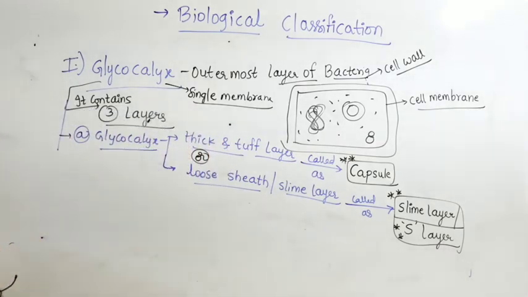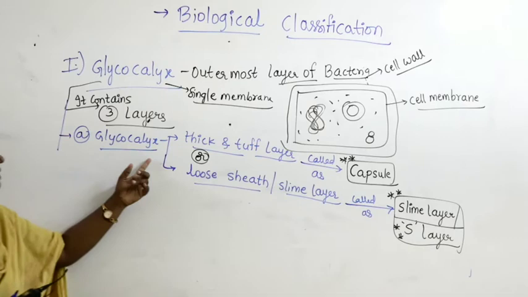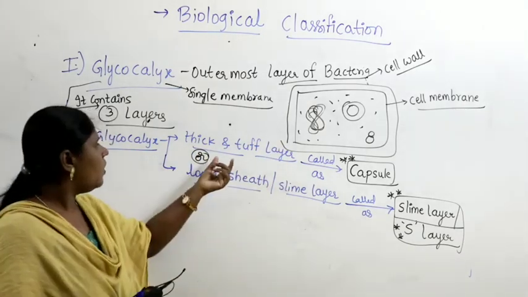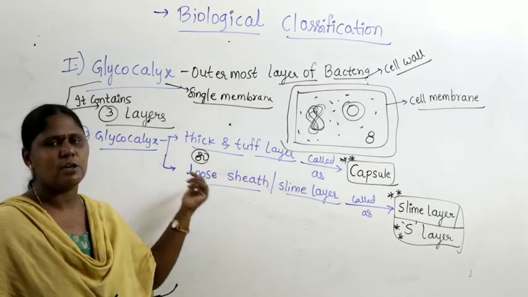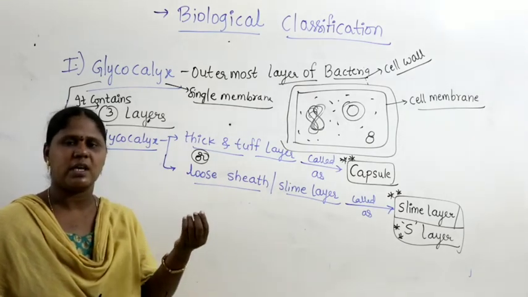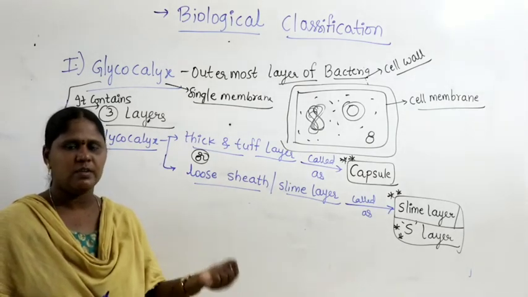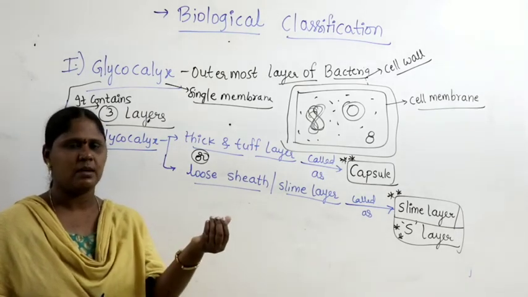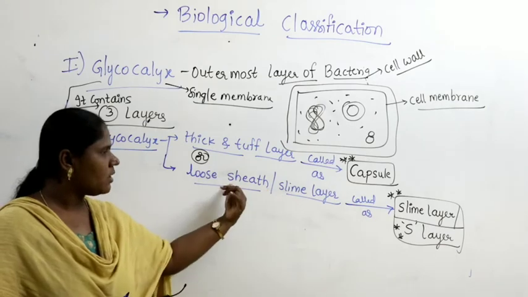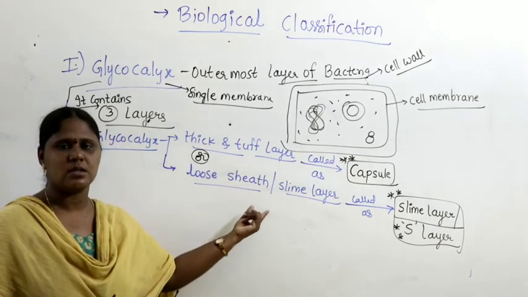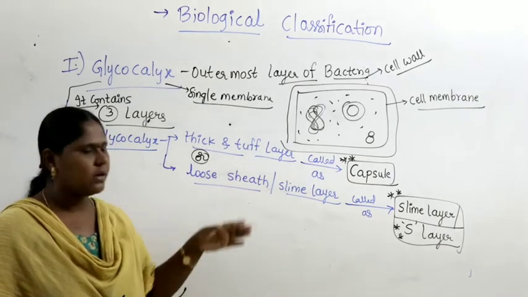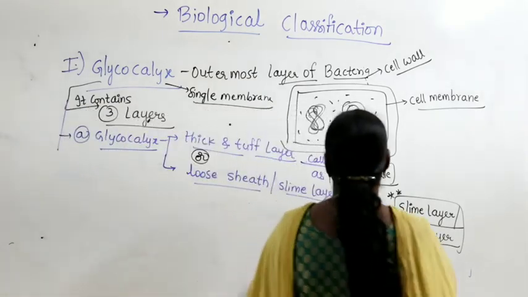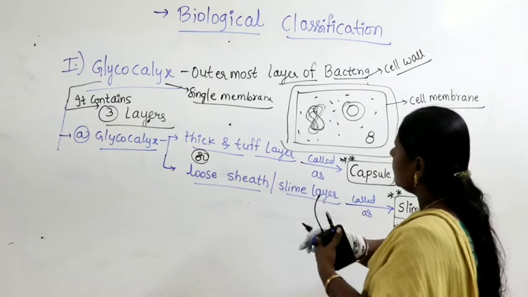So Glycocalyx exists as a thick and tough layer, which is called a capsule, or sometimes as a very loose, thin sheath which is slimy to touch. Slime means slippery, so the loose sheath itself is called a slime layer, or S layer.